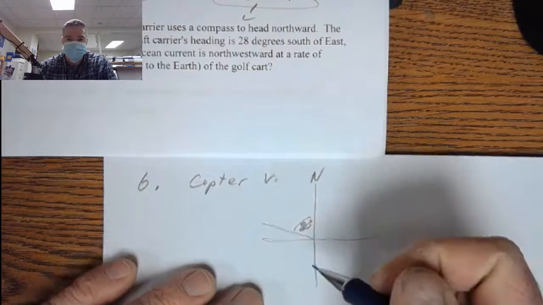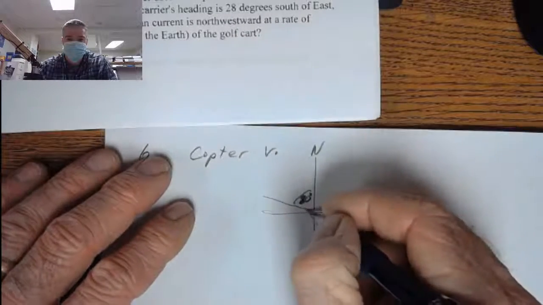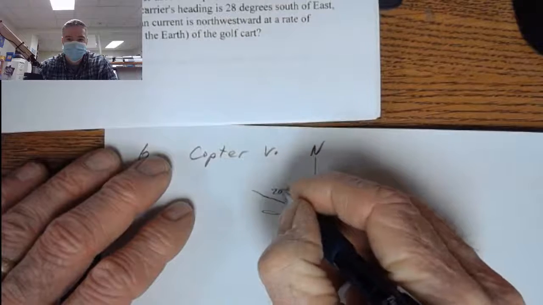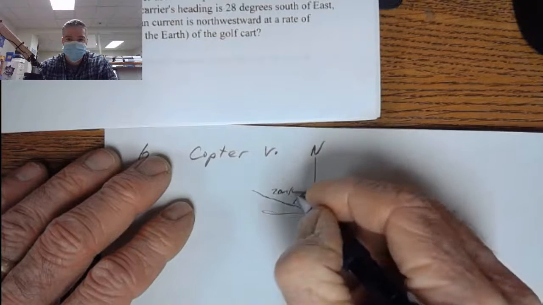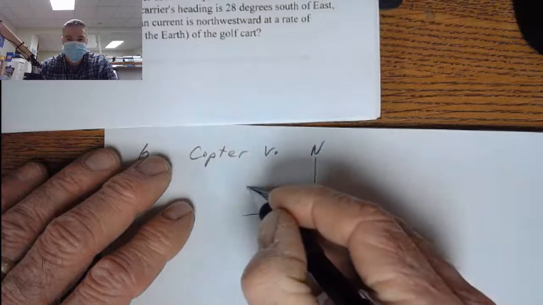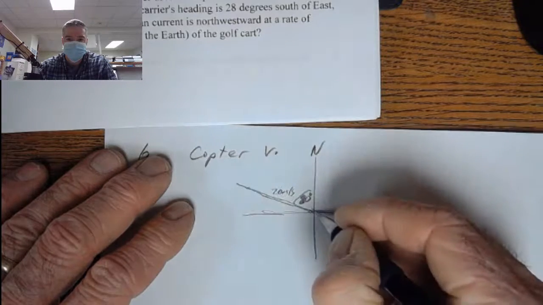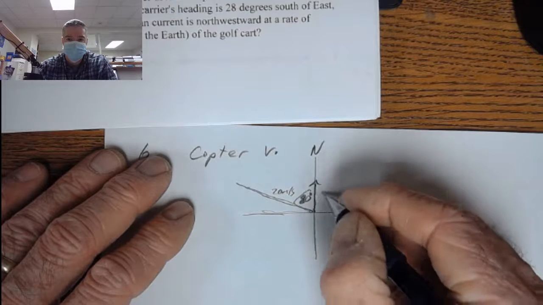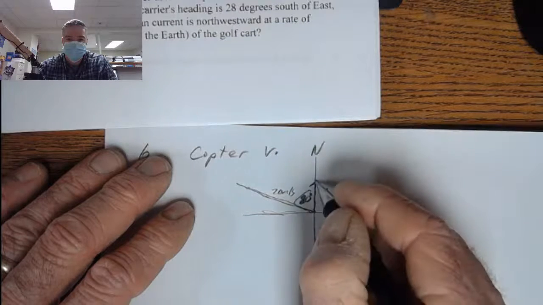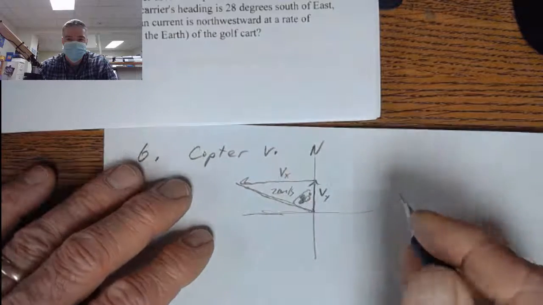The velocity is 20 meters per second, so the magnitude of this is 20. So I want x and y components of this. Since I have this angle, I'm going to draw my y component like this, my x component like that. So y is positive, x is negative.